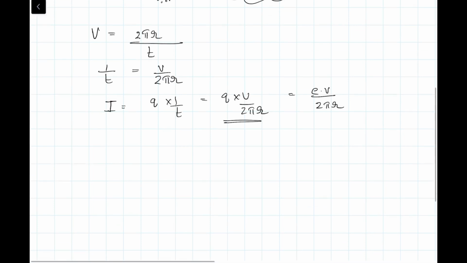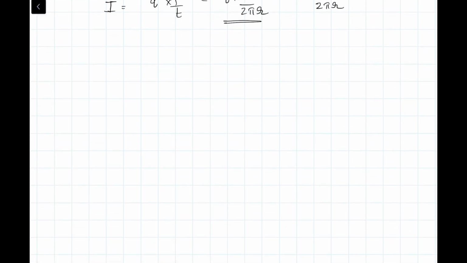Okay, the next point is that we know what dipole moment is. The formula for it is pole strength into distance. The unit of pole strength is ampere meter and the unit of distance is meter, so you can also rewrite it as ampere meter square.